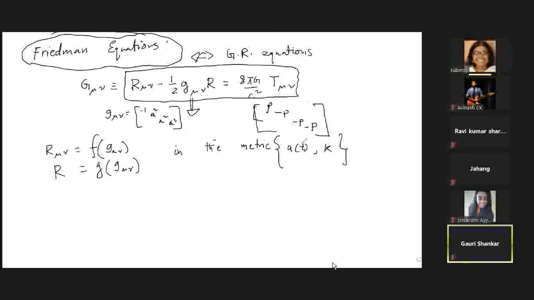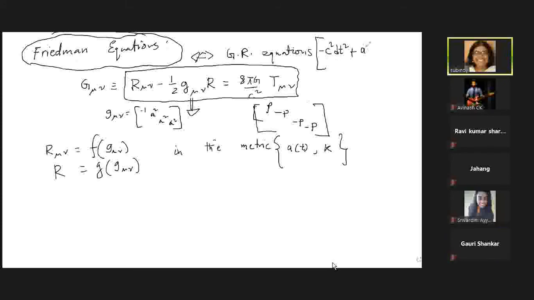Yes, sir. The metric is how much? ds square, we remember, no? Who can tell me? Minus c square dt square. The coefficient of the metric is what matters, because that goes into the diagonal element, plus a square t times dr square by 1 minus k r square, and then all this dot dot dot, r square d theta square, all this.